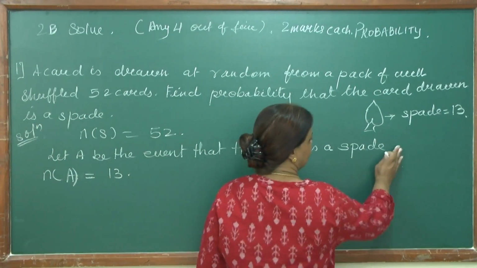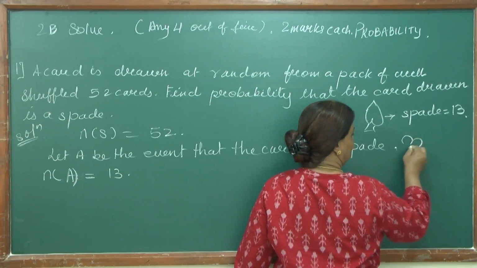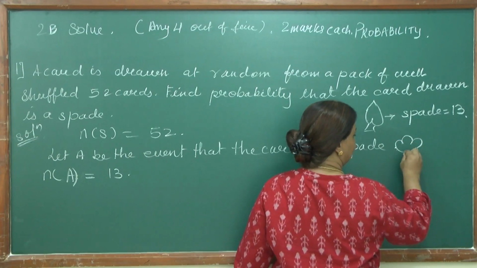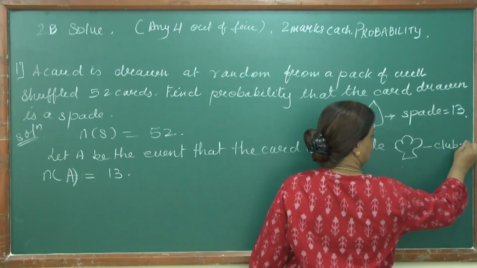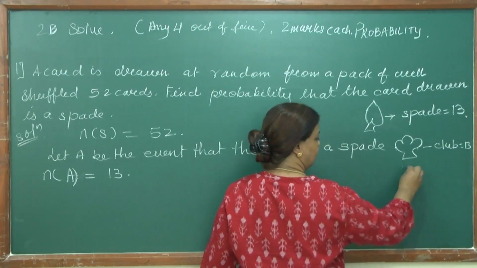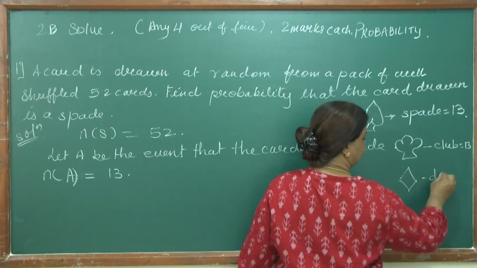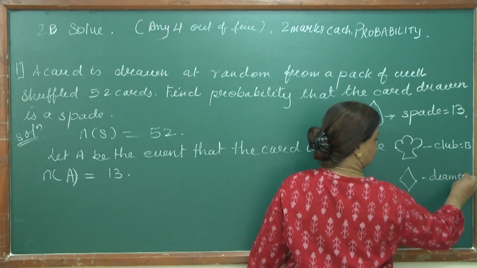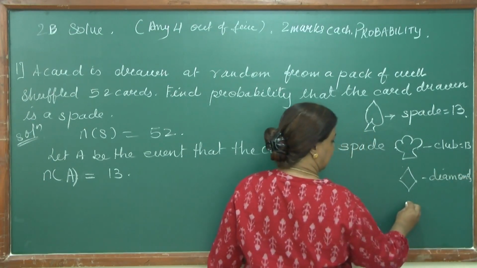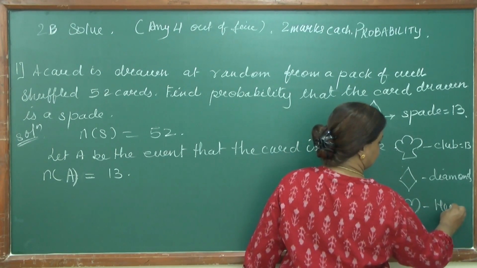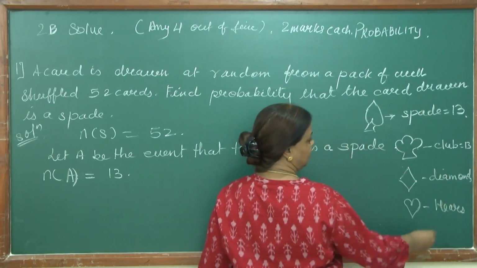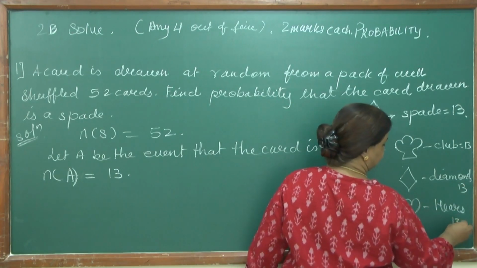Let me draw again. 13 spades and there are 13 clubs. Then there are 13 diamonds, then there are 13 hearts, and all together it makes 52 cards.